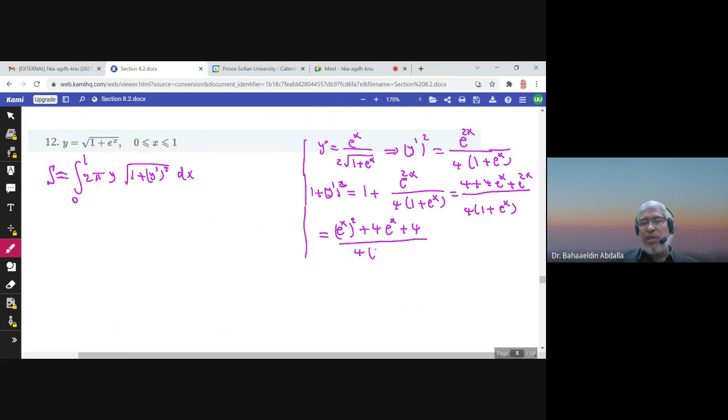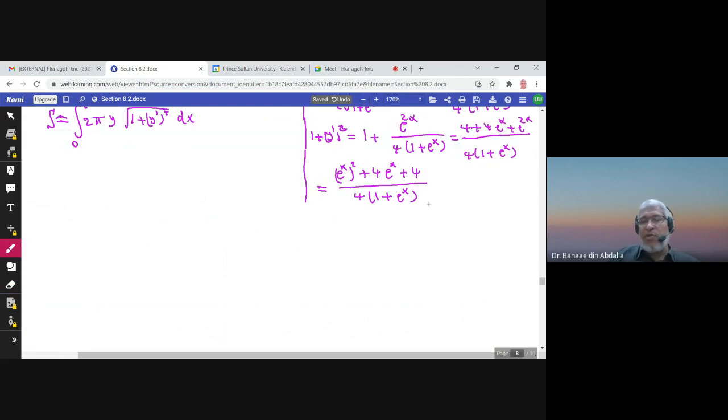Actually, these three terms can be written as a perfect square. Okay, so how to write it as a perfect square? You take the root of e^x squared, which is e^x, the sign of the second term, and the root of the last term, and you raise it to the power 2. Because the first term has a root, the last term has a root, and if you multiply the root of the first term times the root of the last term times 2, you get the term in the middle. So I can change these three terms into a perfect square like this.